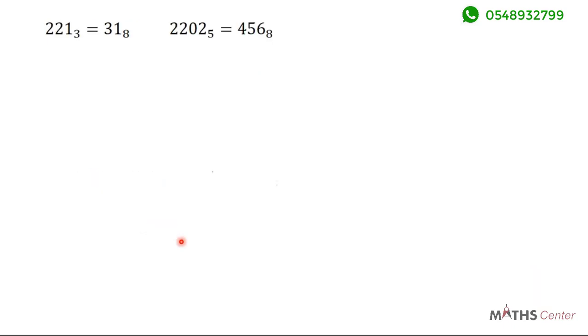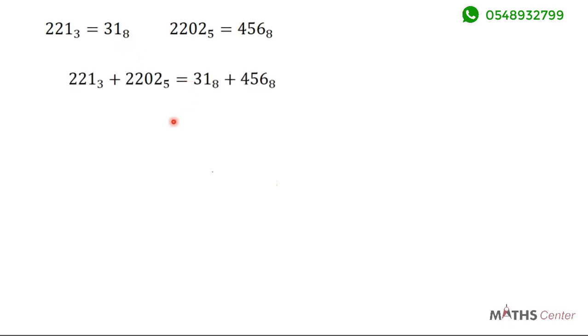So now we have converted 221 base 3 to base 8 and we are getting 31 base 8. We have also converted 2202 base 5 to base 8 and we have 456 base 8. So we can now add this to this.